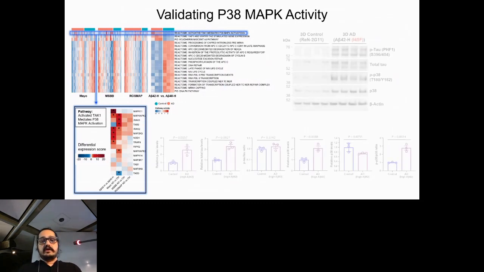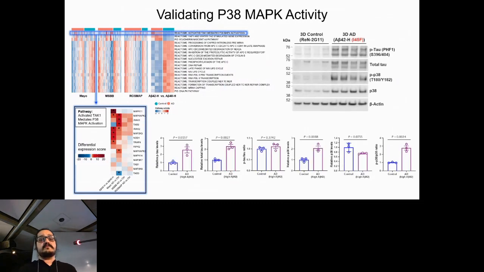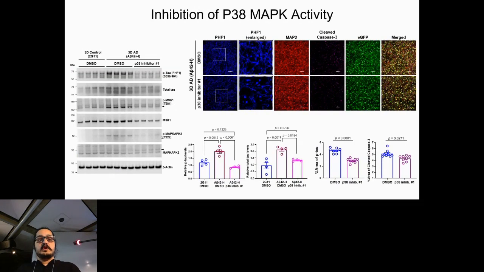And indeed, first we confirmed by Western blot assays that P38 MAPK is activated in the amyloid beta 42 high model. Second, by targeting it using a known inhibitor, we saw a significant reduction of phosphorylated tau pathology in the amyloid beta 42 high model, as well as reduced cell death marked by cleaved caspase.